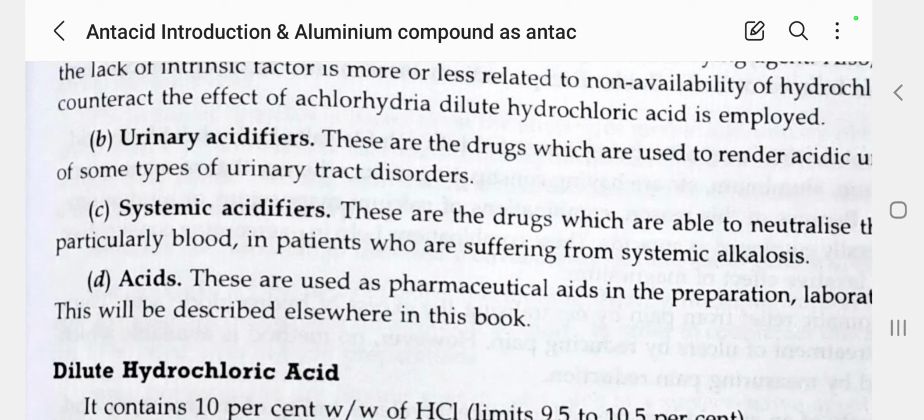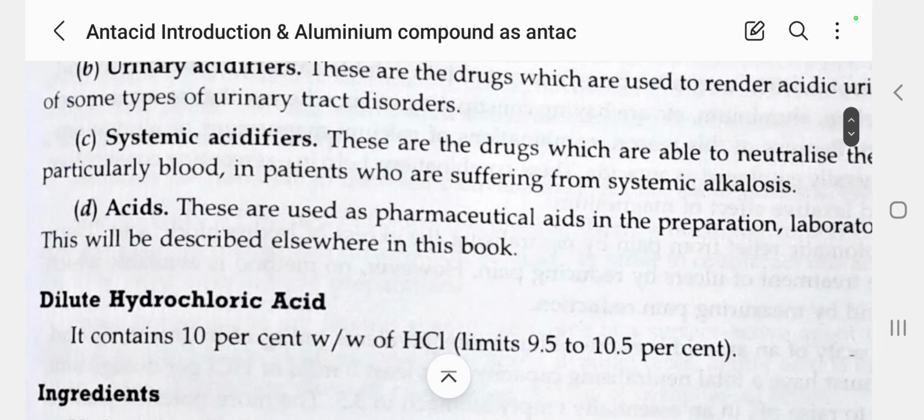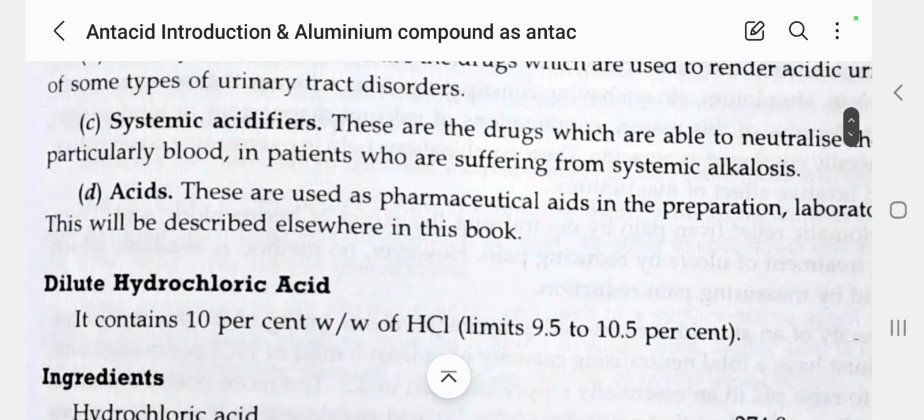And this is the specific organ where the acidifier is used to treat achlorhydria or hypochlorhydria. Next, systemic acidifiers, as the term itself suggests, are used to neutralize the alkaline body fluid, particularly blood, in patients who are suffering from systemic alkalosis.